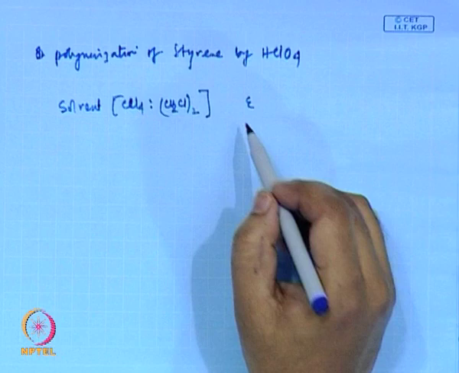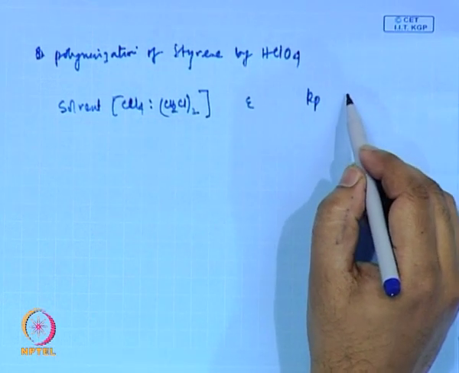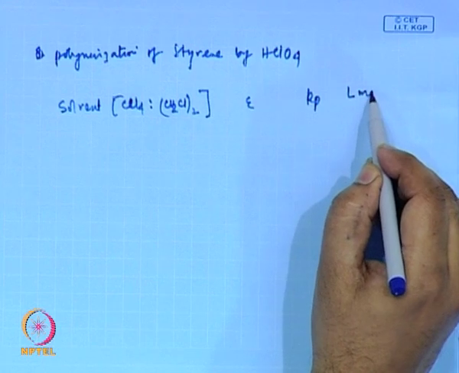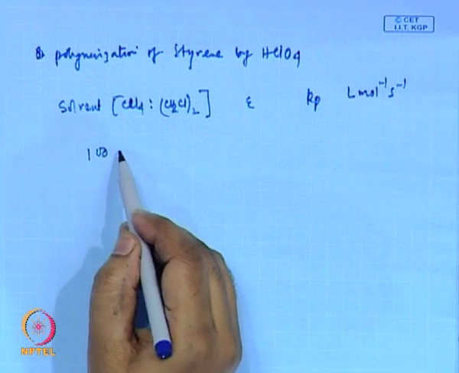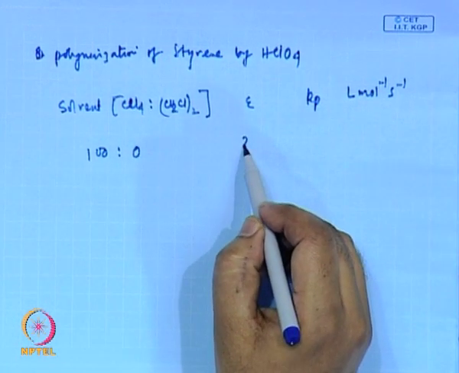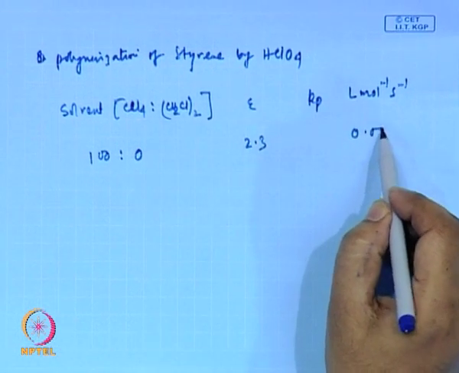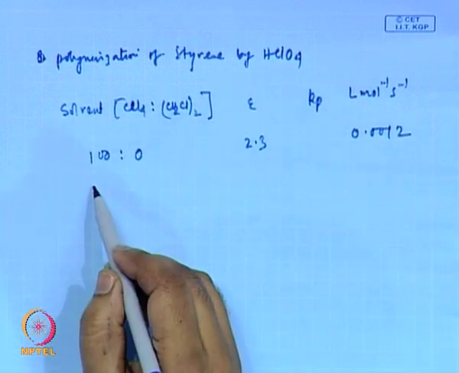This is the resulting dielectric constant, and this is your k_p in liter per mole per second. So, if you have pure CCl4, obviously this is more non-polar, the dielectric constant is 2.3 and the rate is low.